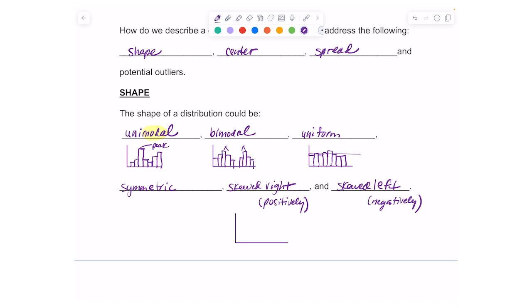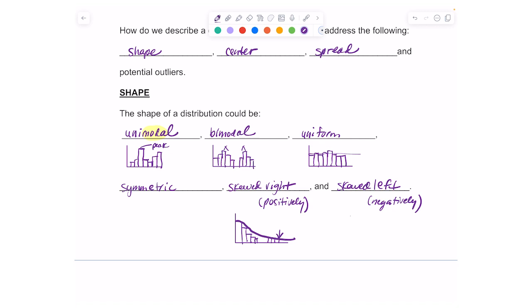So if I have a histogram, let's say it starts out like this, and then maybe it trails off a little bit. Okay, we would say that that is a skewed right distribution because the tail, which I'm having a tough time drawing the tail. There we go. The tail is on the right side, so it's skewed to the right.